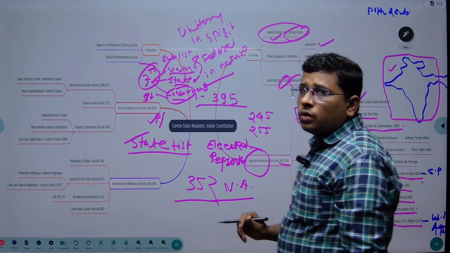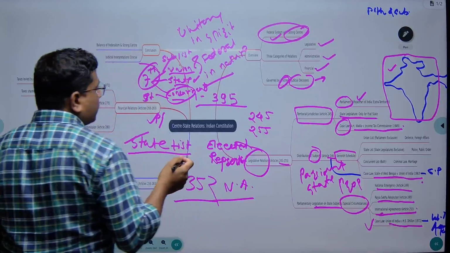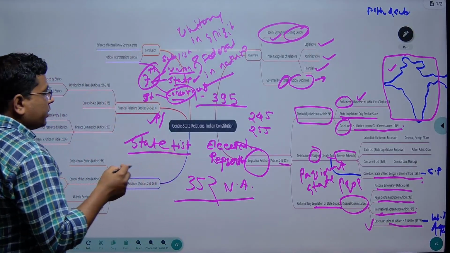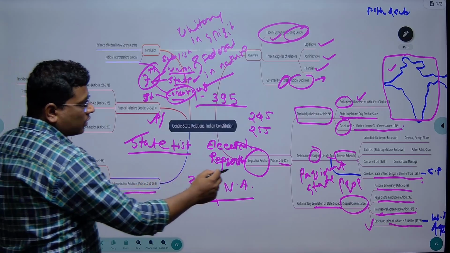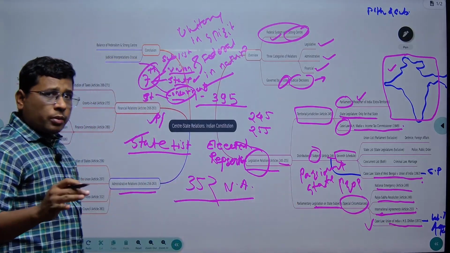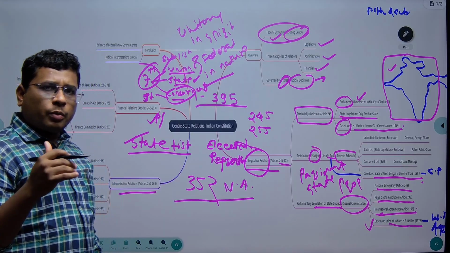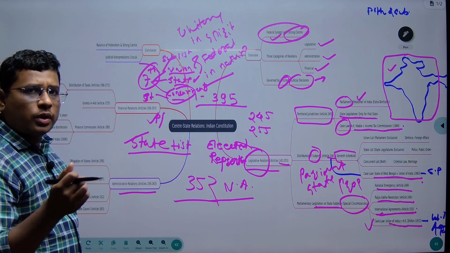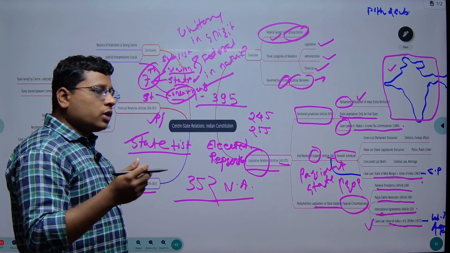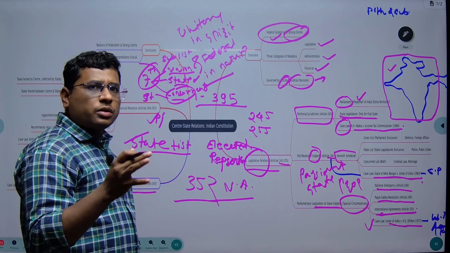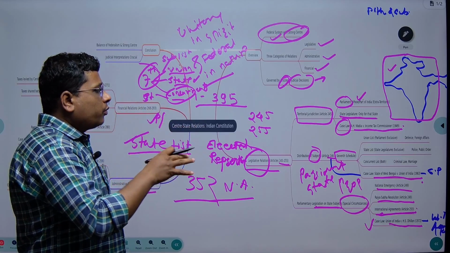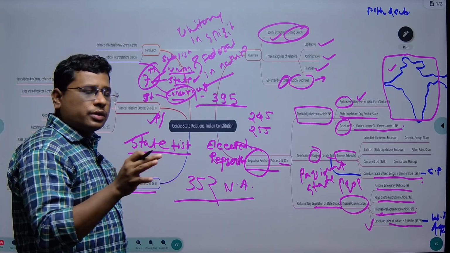After that we will see the administrative relation. So these are the legislative relations. Parliament can make laws on the state list also, on the concurrent list also, and parliament has the absolute right over the union list. States have the absolute right over the state list, but in certain cases parliament can also make laws on the state list.